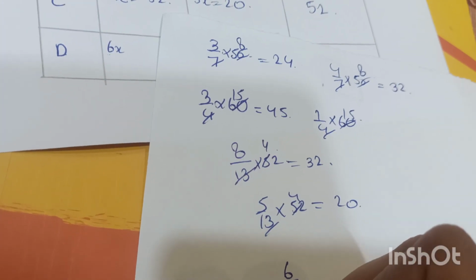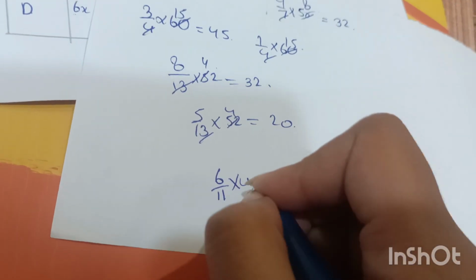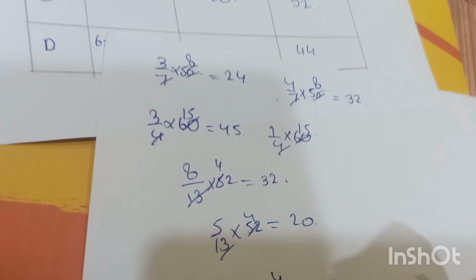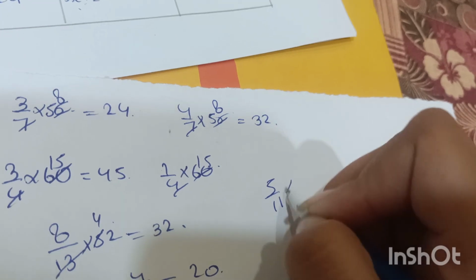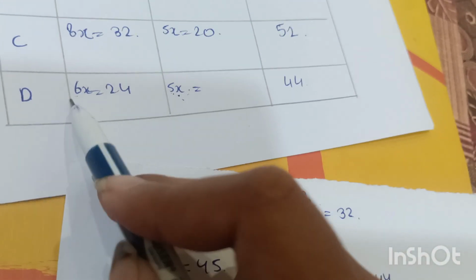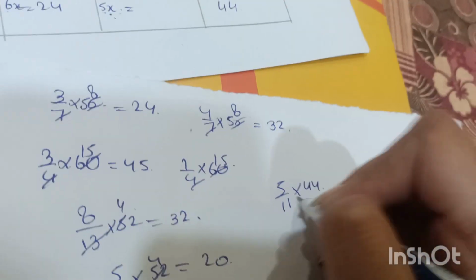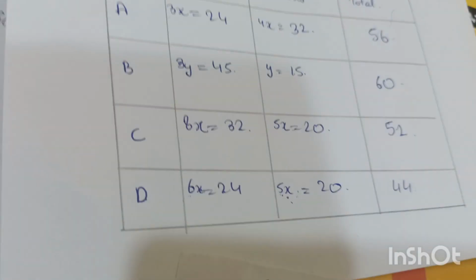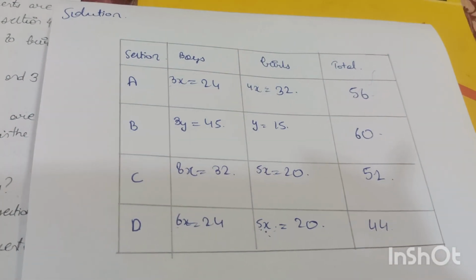So 6/11 into 44, the total value, you'll get 24. And 5/11 into 44. 5 plus 6 goes to 11. So you'll get 4, and the value 20. So your table is made like this.